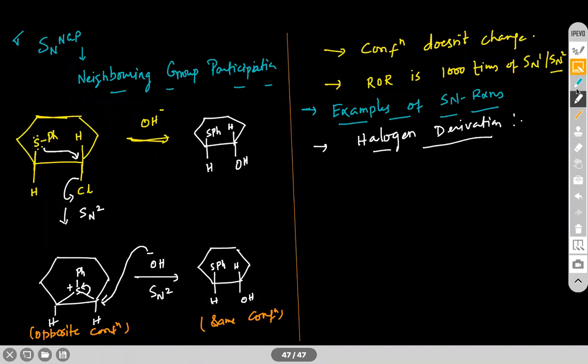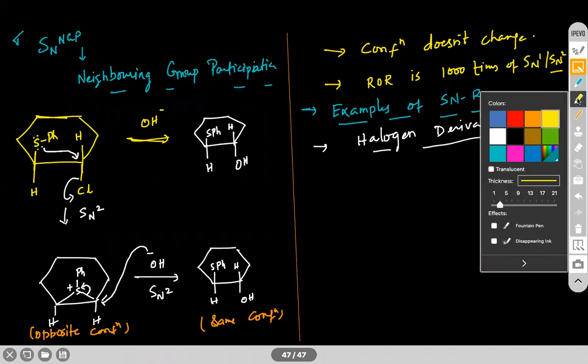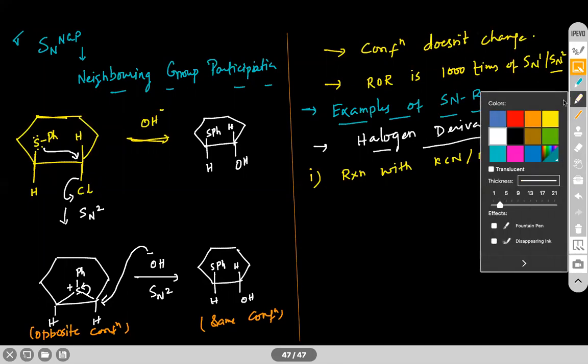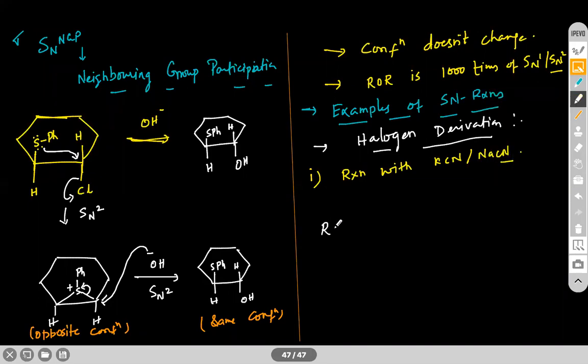And the first reaction we have in this, the reaction with KCN or NaCN. Okay. So if the reaction is this, suppose we have RCl and this is allowed to react with KCN or NaCN, right?